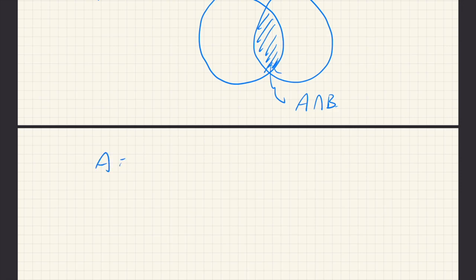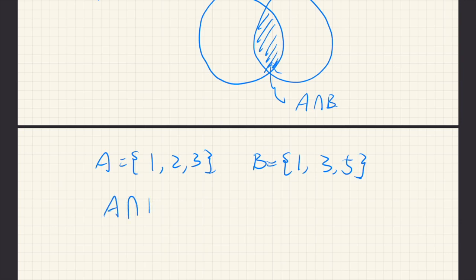Let's use the previous example. A is 1, 2, 3, and if B is 1, 3, 5, then A cap B is all elements that belong to both of these sets. So that's 1 and 3, right? So it's 1 and 3. That's the intersection.